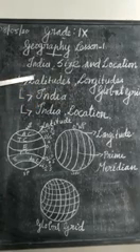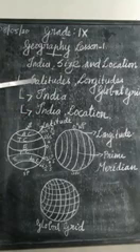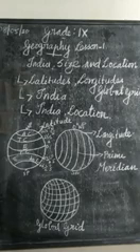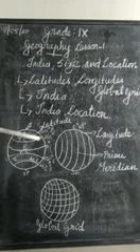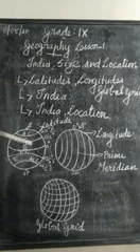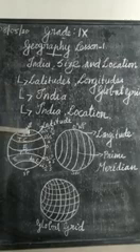What do you mean by latitudes? Latitudes are imaginary lines used to locate places on the surface of the earth. Latitudes are drawn on the globe and run parallel to the equator.